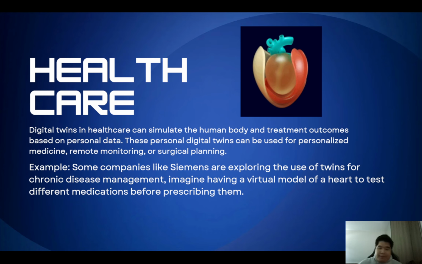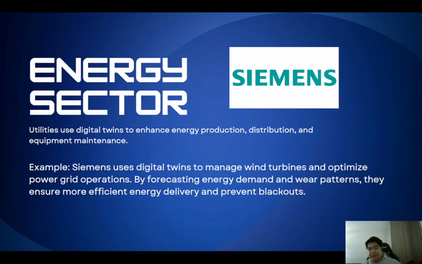The next example is the energy sector. Like I said, Siemens earlier, they also work in the energy sector. Utilities use digital twins to enhance energy production, distribution, and equipment maintenance. For example, Siemens is using digital twins to manage wind turbines and optimize power grid operation. Energy demand can be forecast, and so can the wear-out patterns.